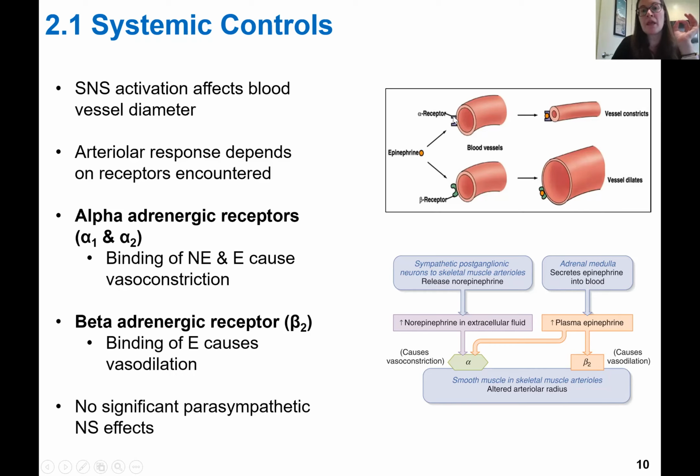When either of these neurotransmitters or neurohormones binds, you're going to get vasoconstriction. And your two different receptor subtypes are going to activate two different second messenger cascades. Alpha 1 binding activates the IP3 pathway.